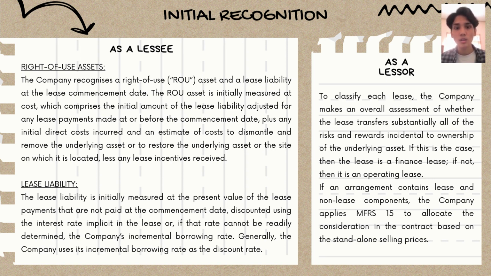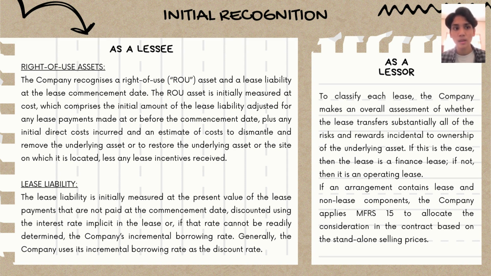Firstly, the initial recognition. As a lessee, we divide to two parts. First one is right of use asset. The company recognizes a right of use asset and a lease liability at the lease commencement date.